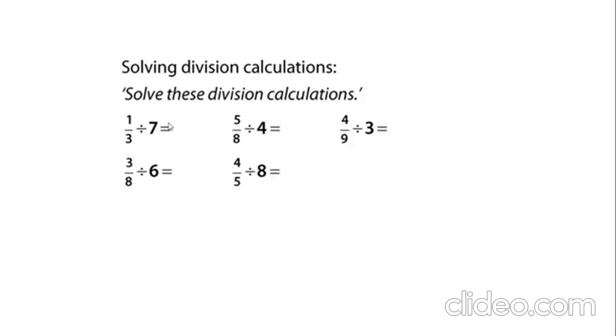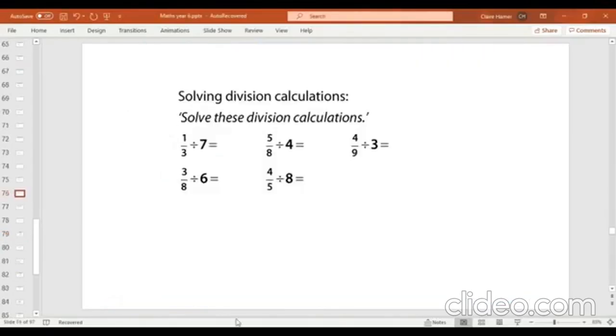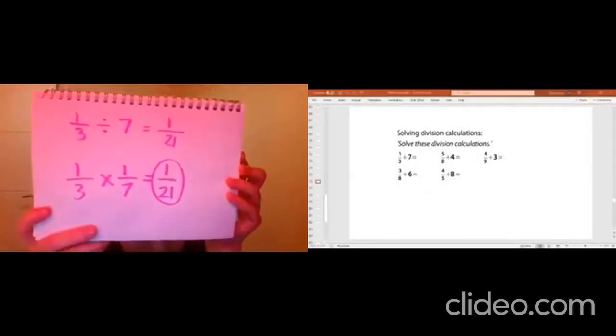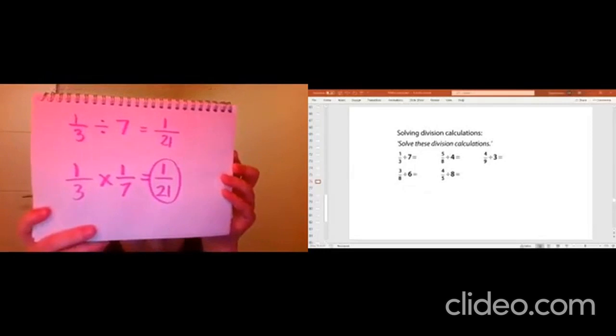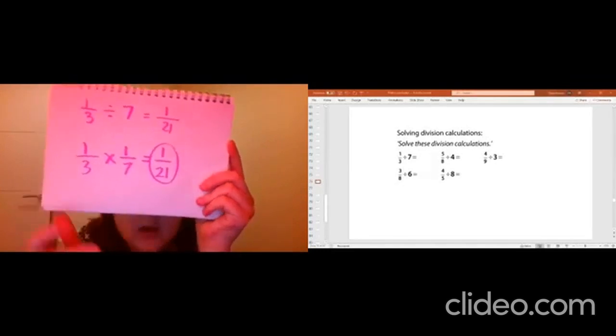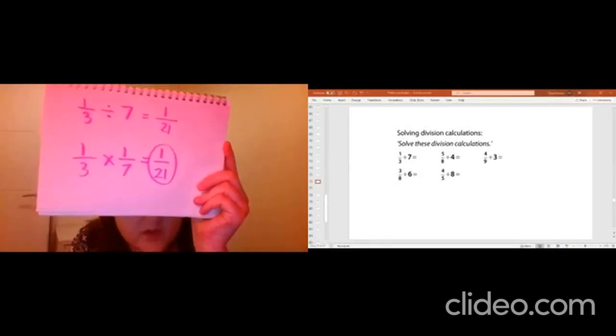Let's put it back on the video. Let's see if you've got the same as me. Have I got it right? There's my workings. So dividing by 7 is the same as multiplying by 1/7. So I got 1/21.